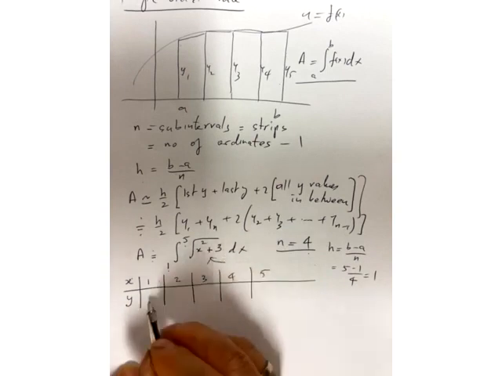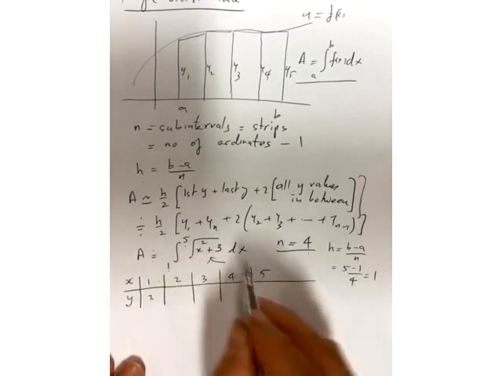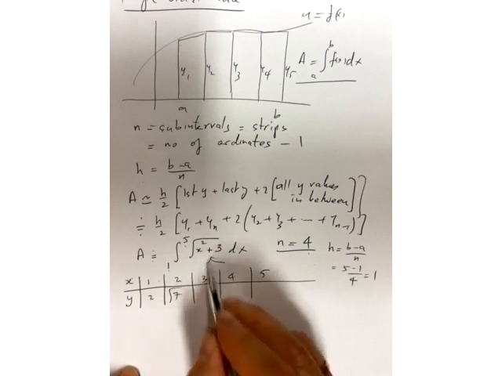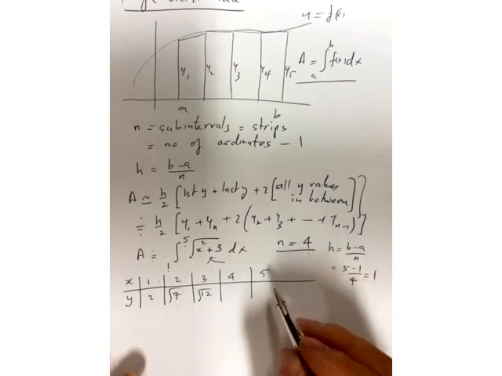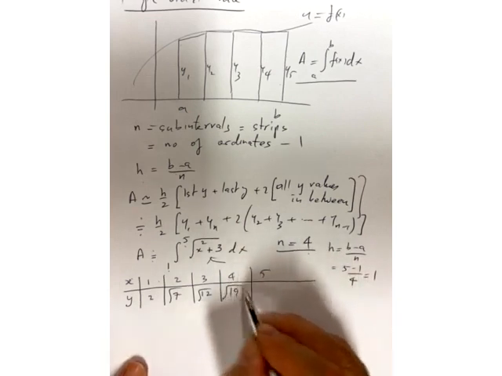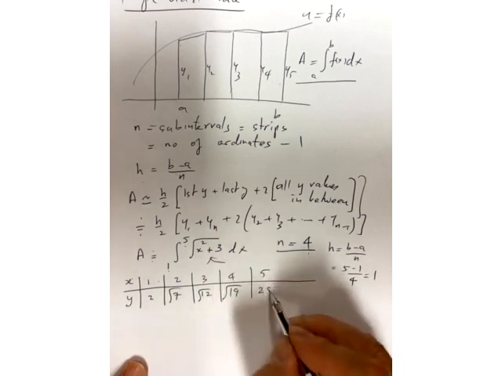So 1 squared plus 3 is root 4, which is 2. 2 squared is 4, so root 7. 3 squared is 9, so root 12. 4 squared is 16, so root 19. And 5 squared is 25, so root 28.